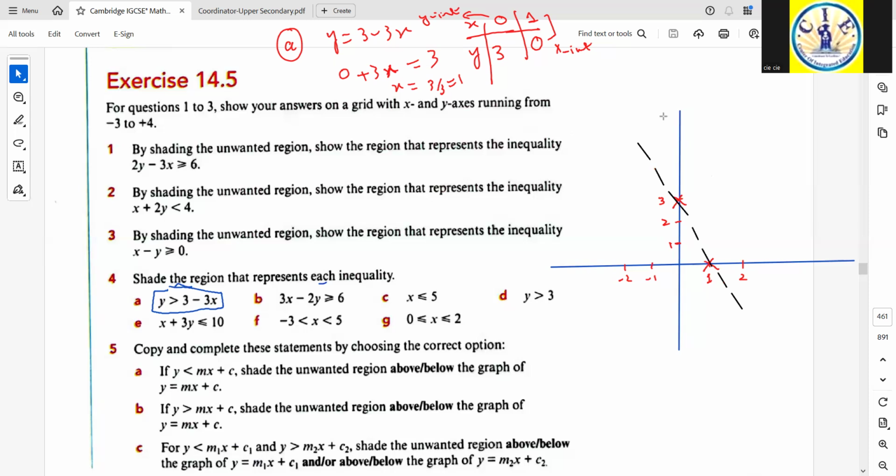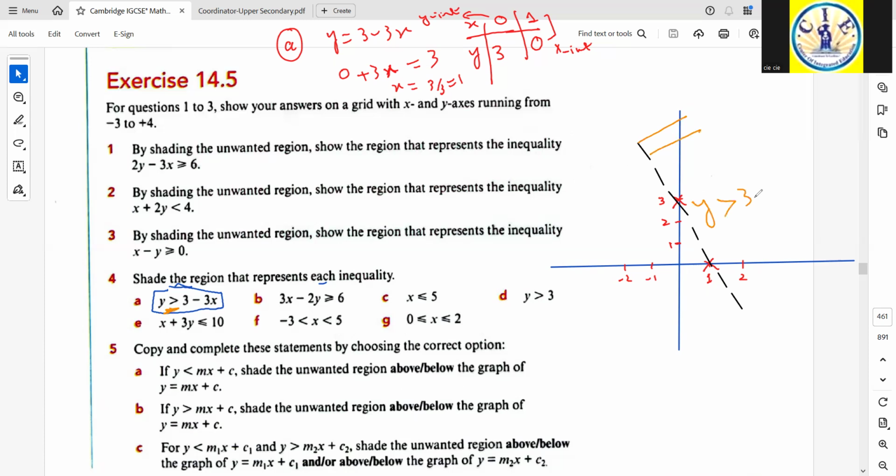Then I need to have the representation of the line to be y greater than this value. So I need to have the shading of the required region this time. This is the region that is lying above this line.